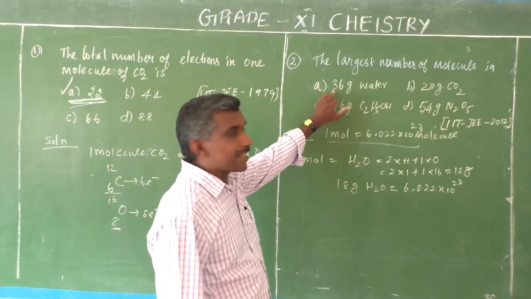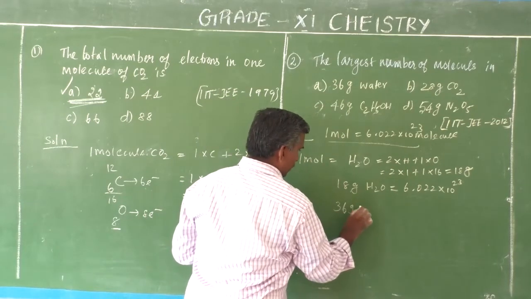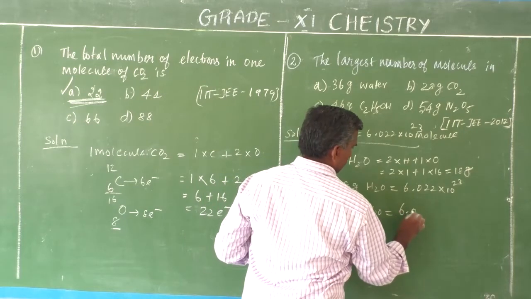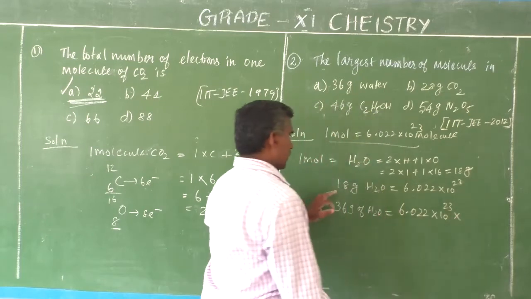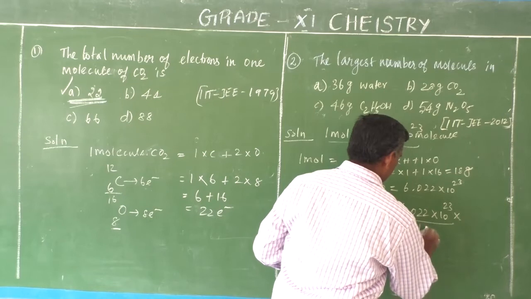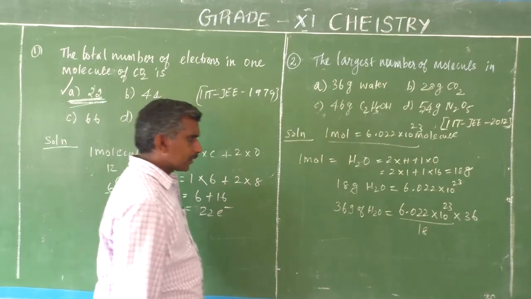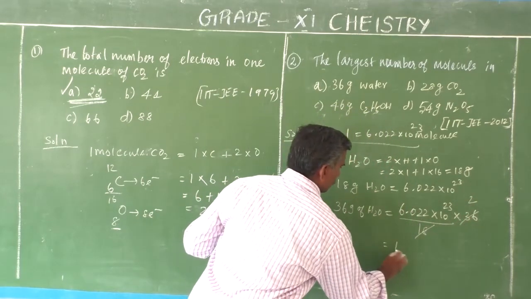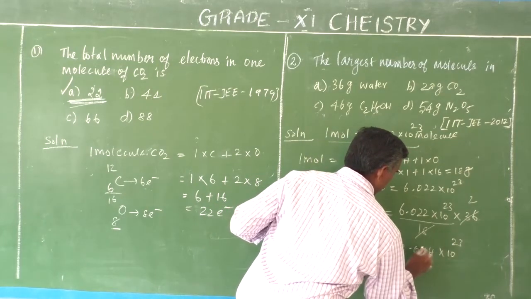First option is 36 gram of water. 36 gram divided by 18 gives 2 moles, which is 2 times 6.022 times 10 power 23, that is 12.044 times 10 power 23 molecules.